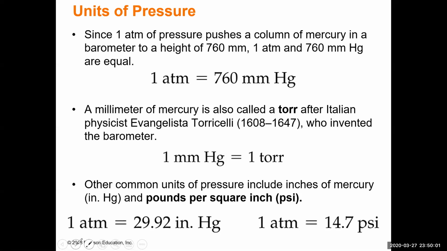Now, since 1 atmosphere of pressure will push a column of mercury in a barometer to a height of 760 millimeters of mercury, we can say that 1 atmosphere and 760 millimeters of mercury are equal to each other. So that is the conversion: 1 atmosphere of pressure is equal to 760 millimeters of mercury of pressure.